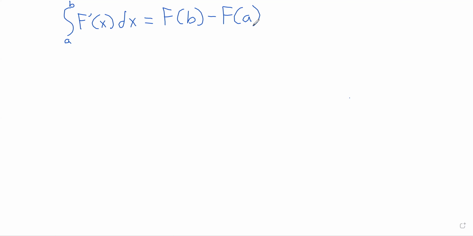And there's an assumption baked into this, that on this interval from A to B, the function, I should say f prime of x, the way I've written it here, is continuous.